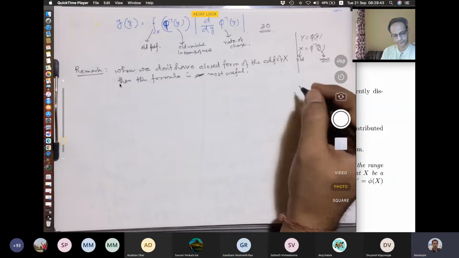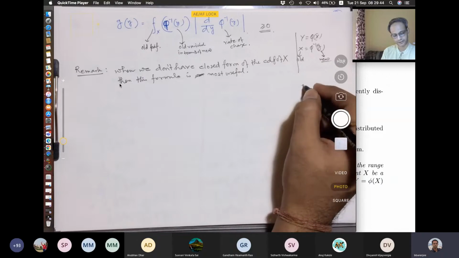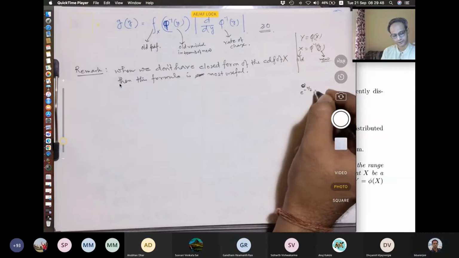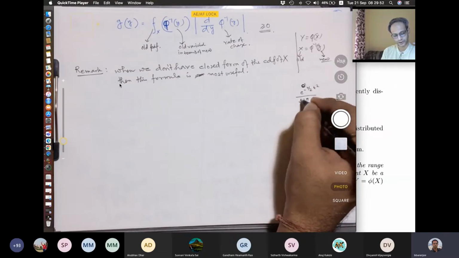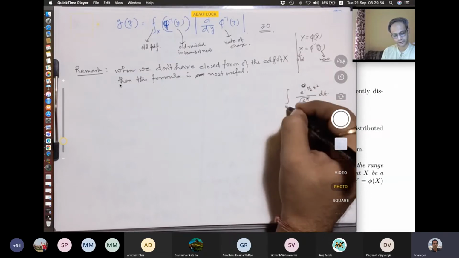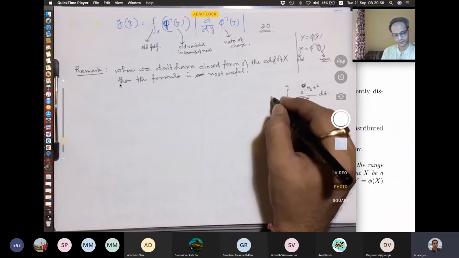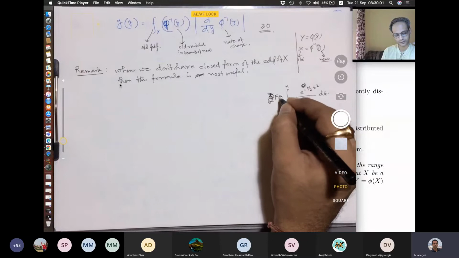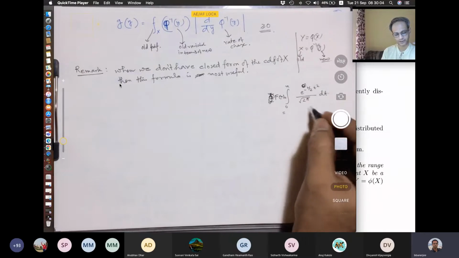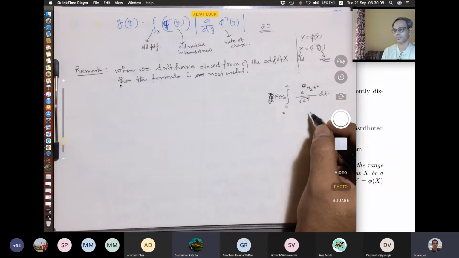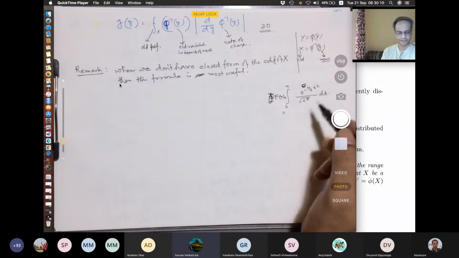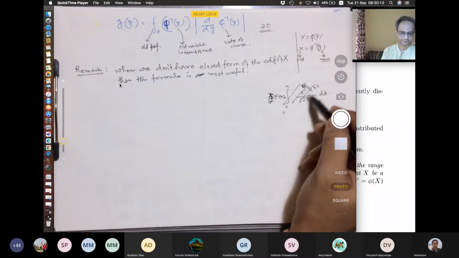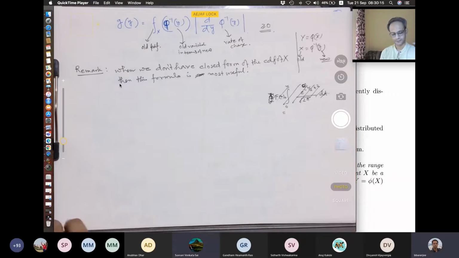So if you want to write this thing, e to the power minus half t squared over root 2 pi dt, integration 0 to x, so capital F, or say let us consider here F of x. So can you have an expression in terms of x here? No, sir. That is what I am saying.